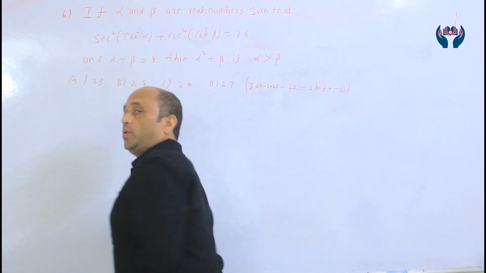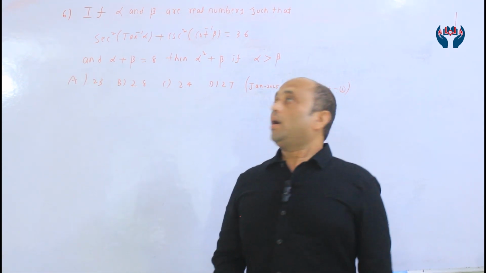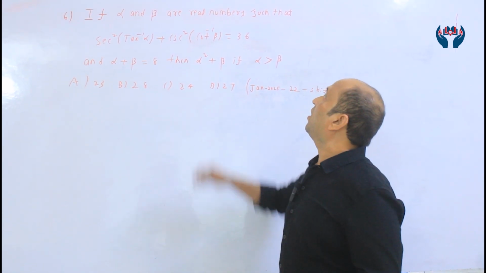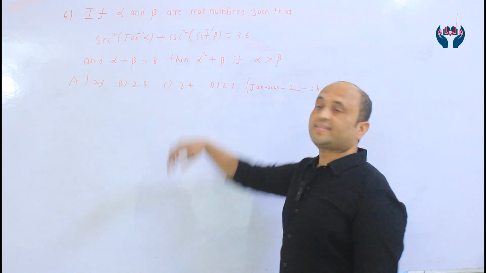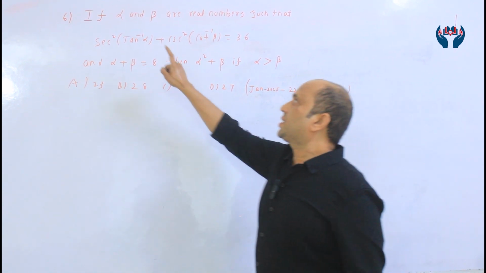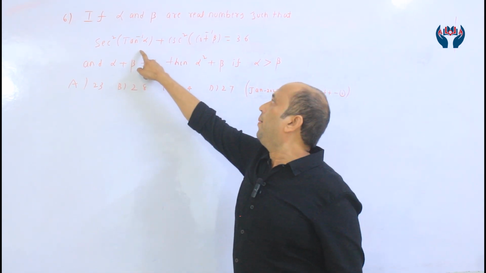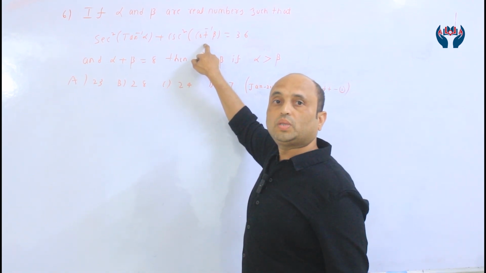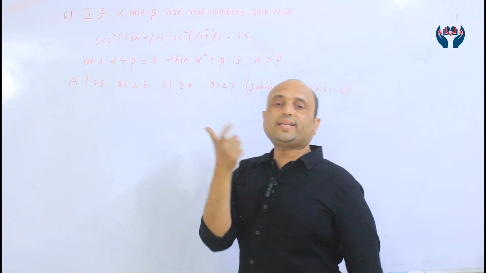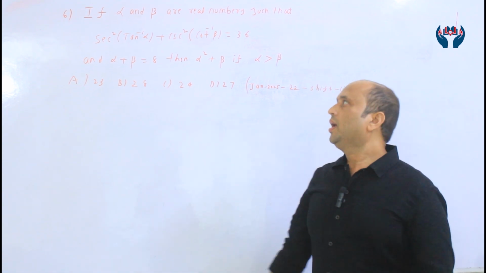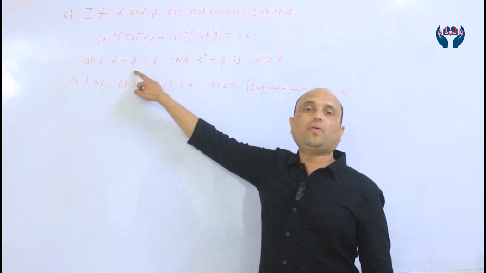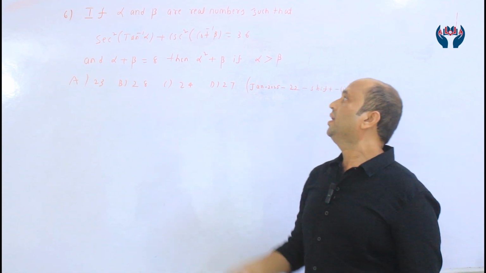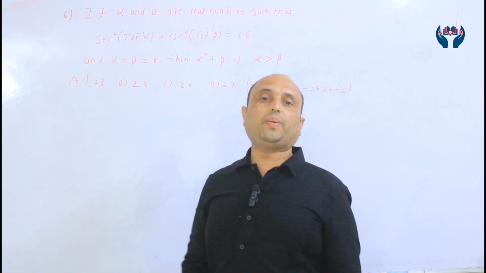That is related to inverse trigonometry. Alpha and beta are two real numbers such that secant square tan inverse alpha plus cosecant square cot inverse beta is equal to 36. The second condition is alpha plus beta equal to 8. Then find alpha square plus beta.